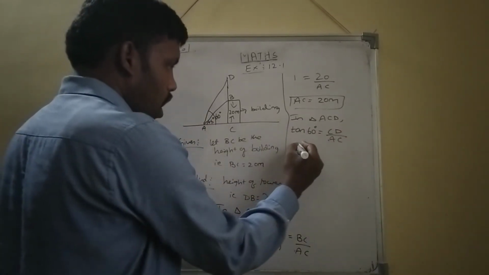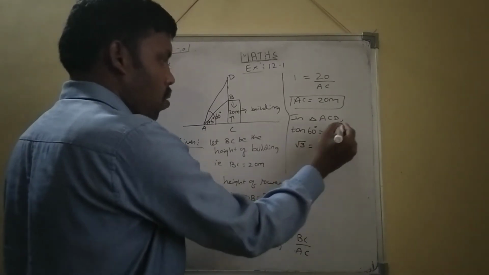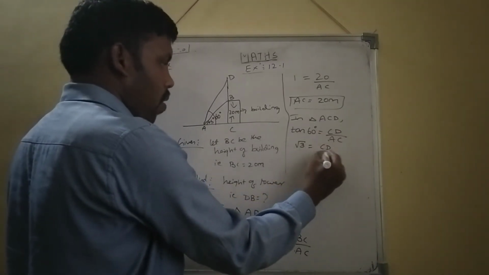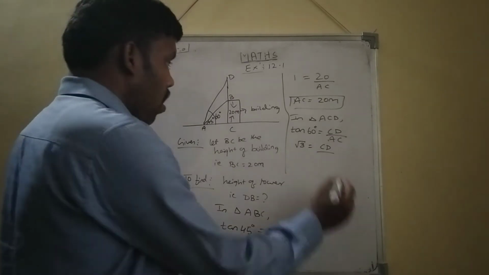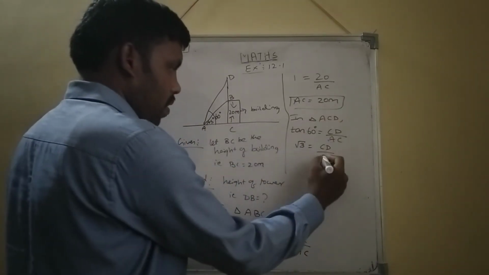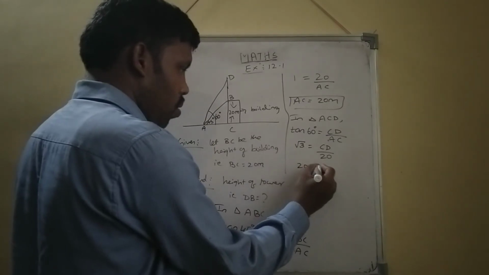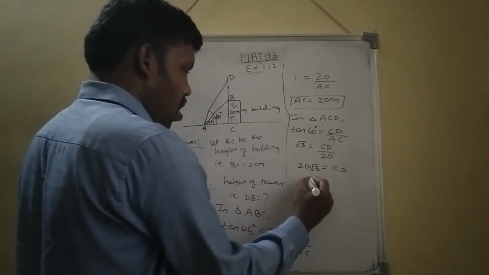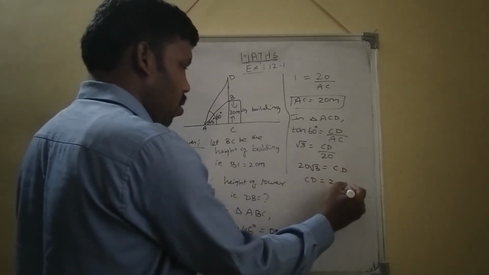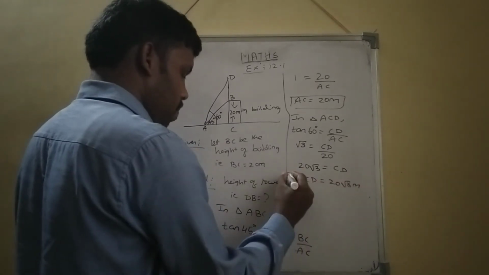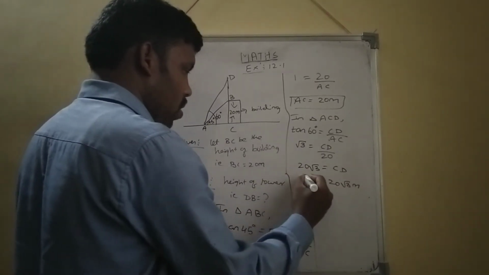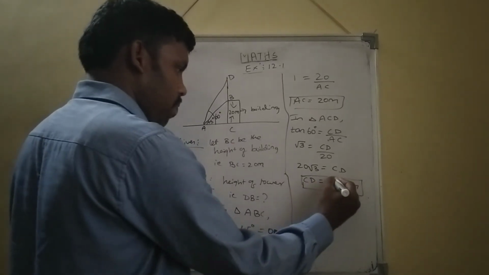Tan 60 is root 3. So root 3 is equal to CD divided by AC, and AC value is 20. Cross multiply, so we get 20 into root 3 is equal to CD, or CD is equal to 20 root 3 meters. So we got the CD length.